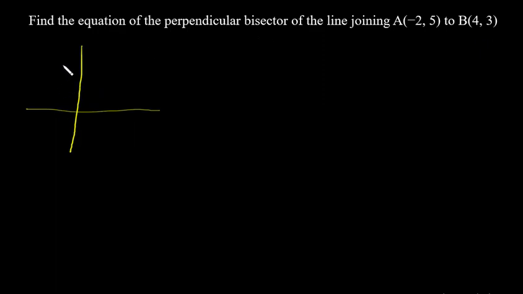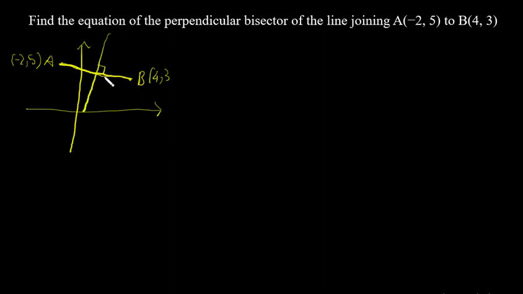Here's my A, which is minus 2 and 5. And here's my B, 4 and 3. Now join these 2 points with a line. They want us to find the equation of the perpendicular bisector.